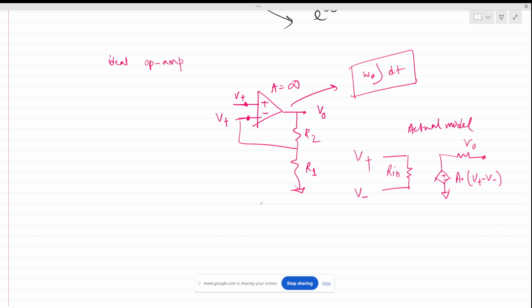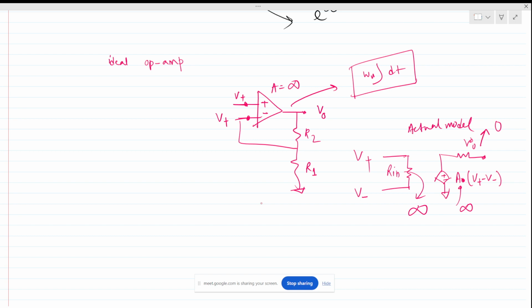So this is the equivalent model of an op amp. Ideally this output impedance is 0, the input impedance is infinite, and the gain A is infinite.